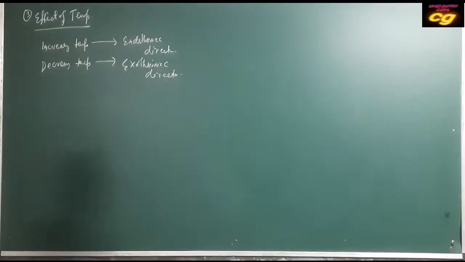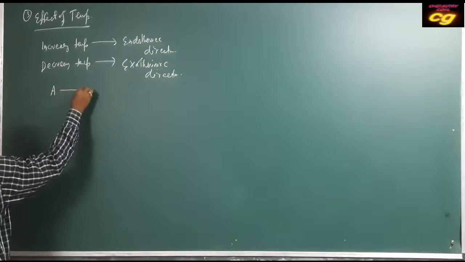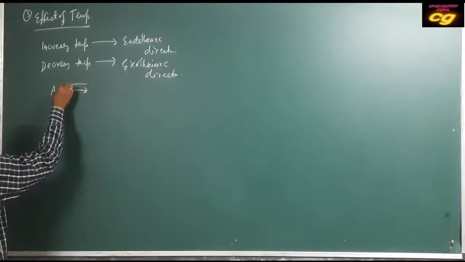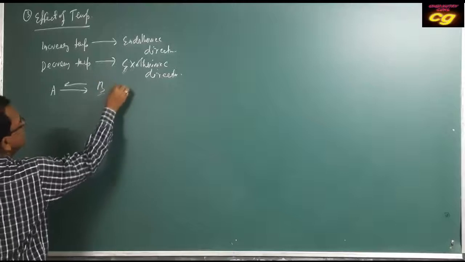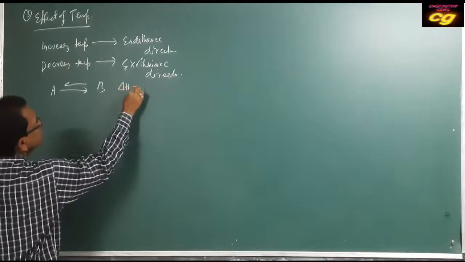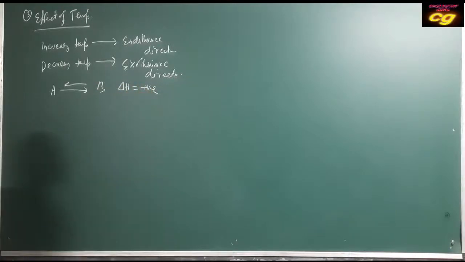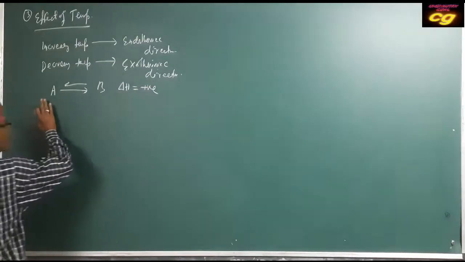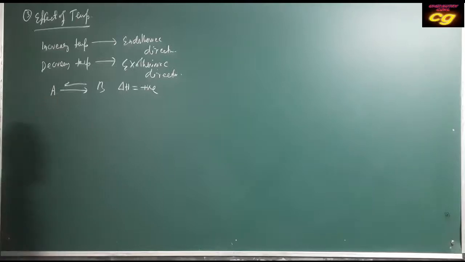This is very important. For example, A changes to B, in equilibrium, forming B. Here delta H is positive, and a positive value means endothermic. A changing to B in the forward direction is endothermic, but the backward direction is exothermic.